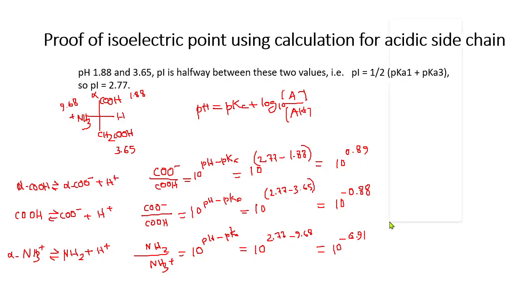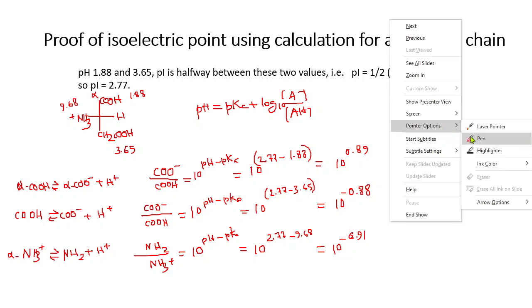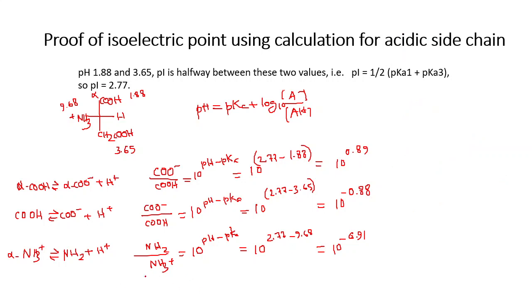For the fourth one, I will rewrite this in the following way for ease of showing it. That is NH3 plus by NH2, and that would be the inverse of this one, that is 10 to the power 6.91.